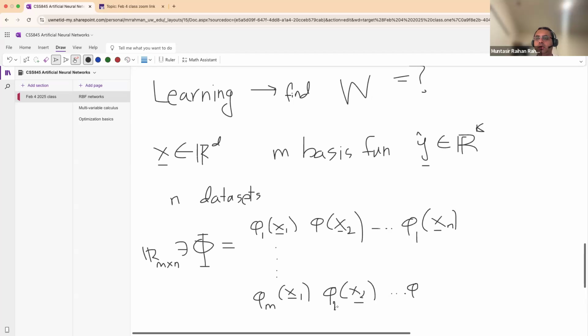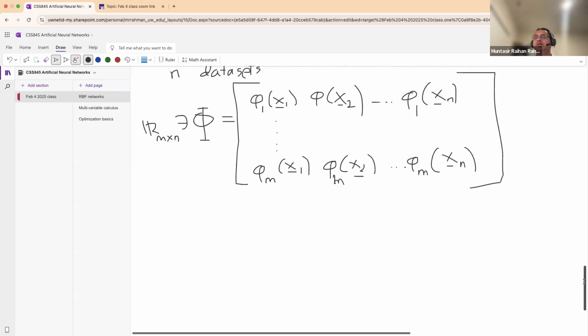This is going to be the mth function applied to the nth vector. I hope this is clear that the dimensions are okay, right? They have M rows for M basis functions and N columns for each input vector in my data set.